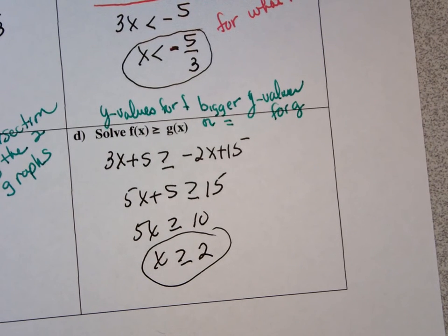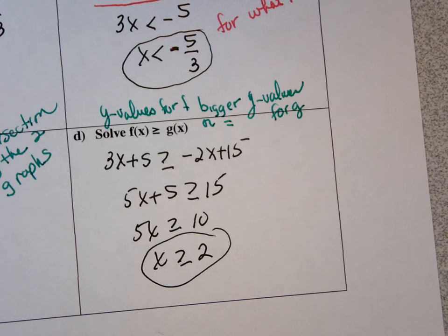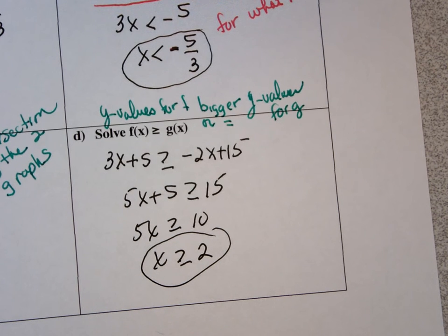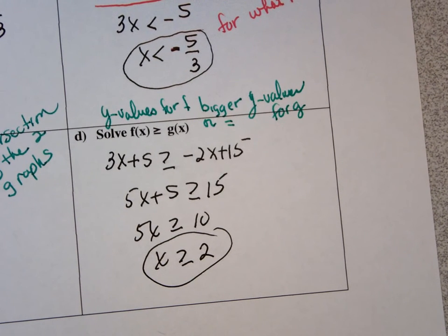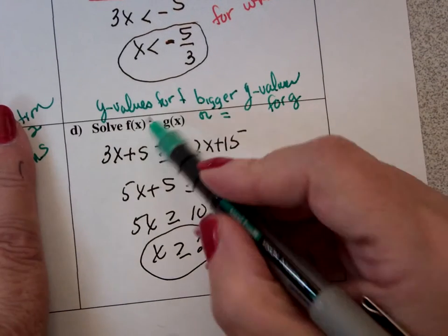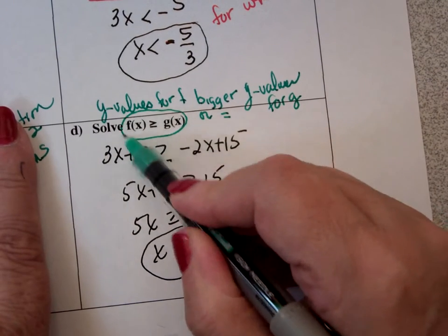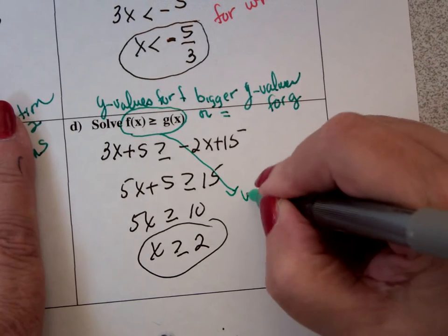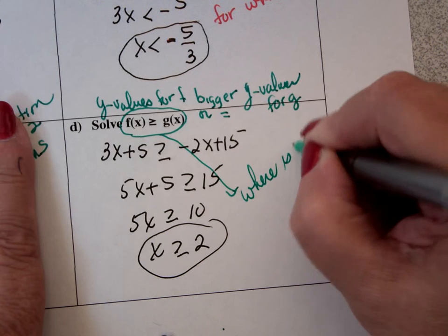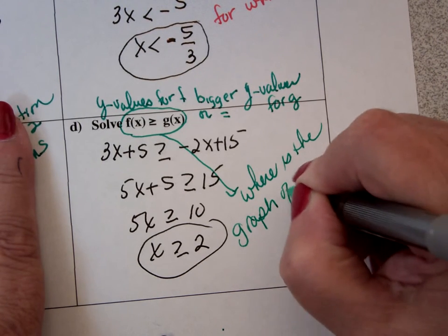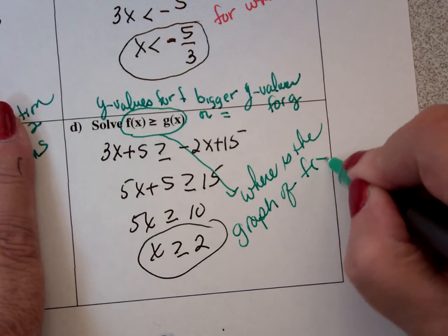Now, if I look at that, that doesn't have a heck of a lot of meaning to me, especially if I want to look at a graph. To me, it's a little bit too abstract. However, when I look at this right here, this also says, where is the graph of f of x?